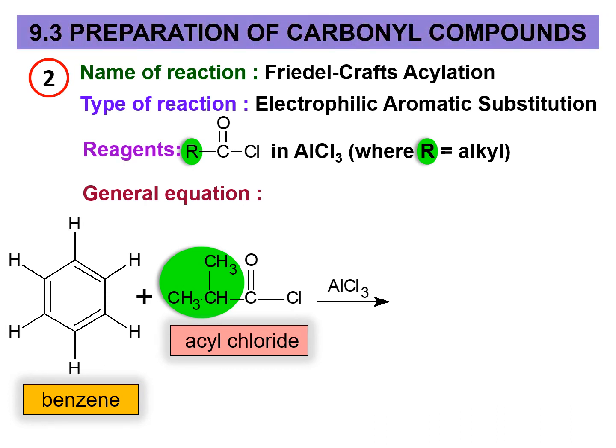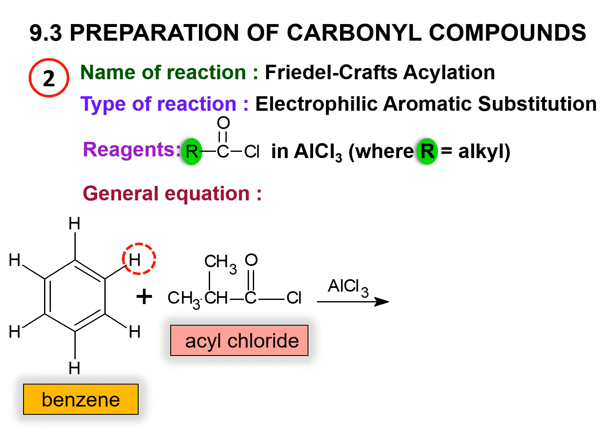For this example, the alkyl group that we have here is isopropyl. During the reaction, one of the hydrogen atoms on the benzene ring will be substituted with the acyl group.